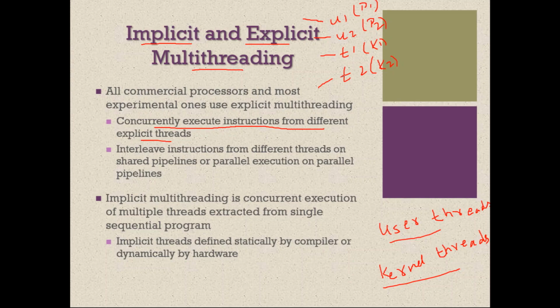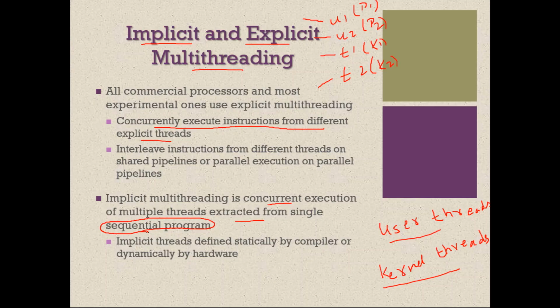Whereas implicit multi-threading is a concurrent execution of multiple threads extracted from a single program. So here, what does it mean?